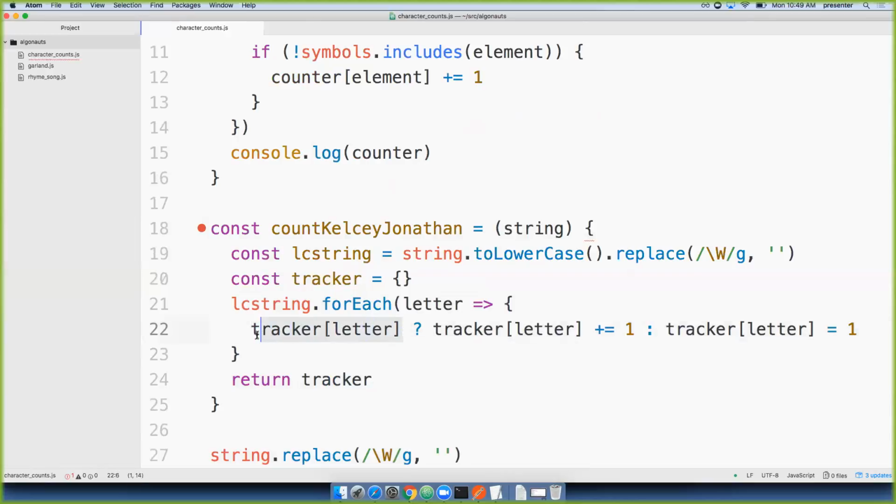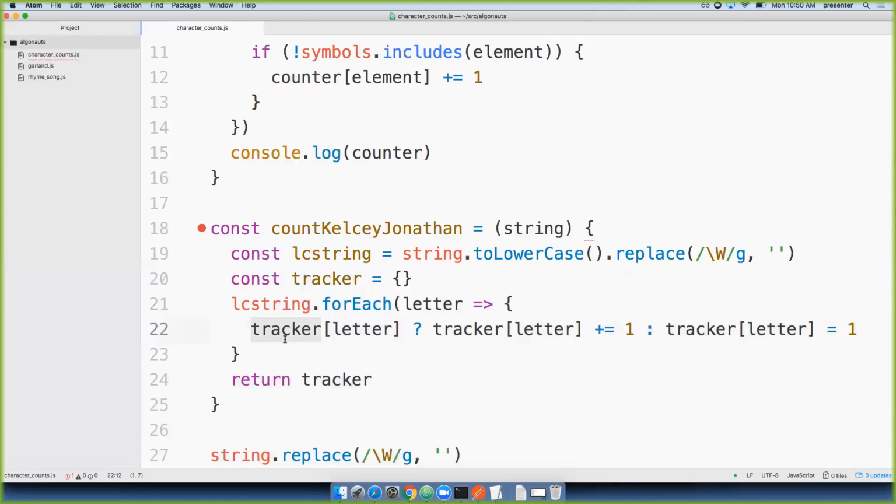However, objects are trickier. Objects are stored in memory in such a way that this is a constant operation. This is constant runtime. But that's not a given. That's something that you need to know. What does that mean when you say that? I mean that it doesn't matter how many letters are in tracker.